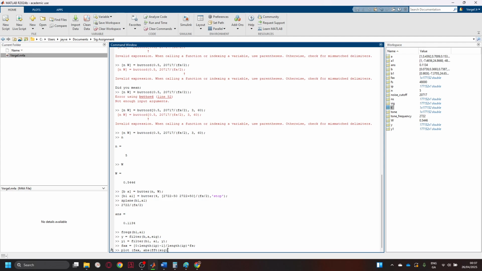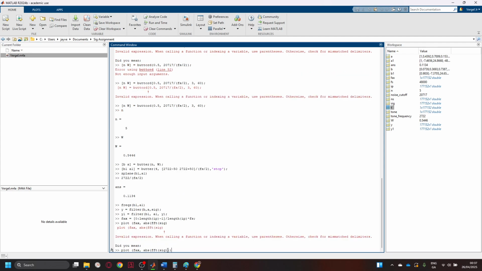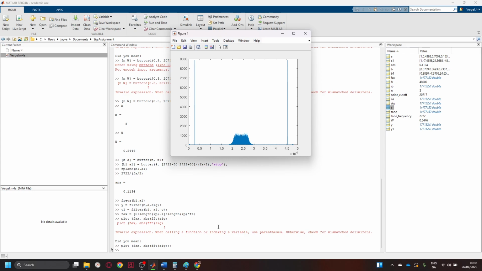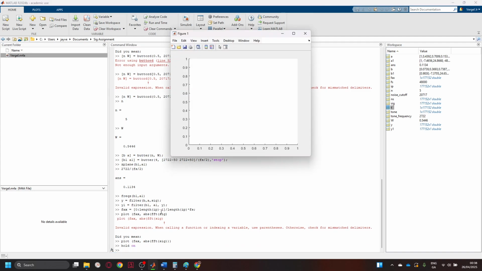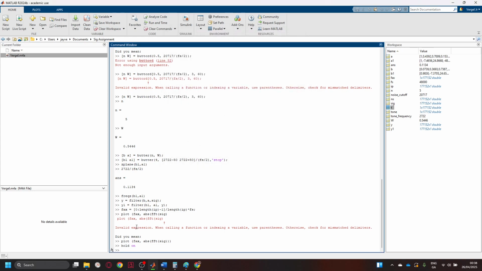So you can see the signal here. Then I'm going to do hold on, then plot.